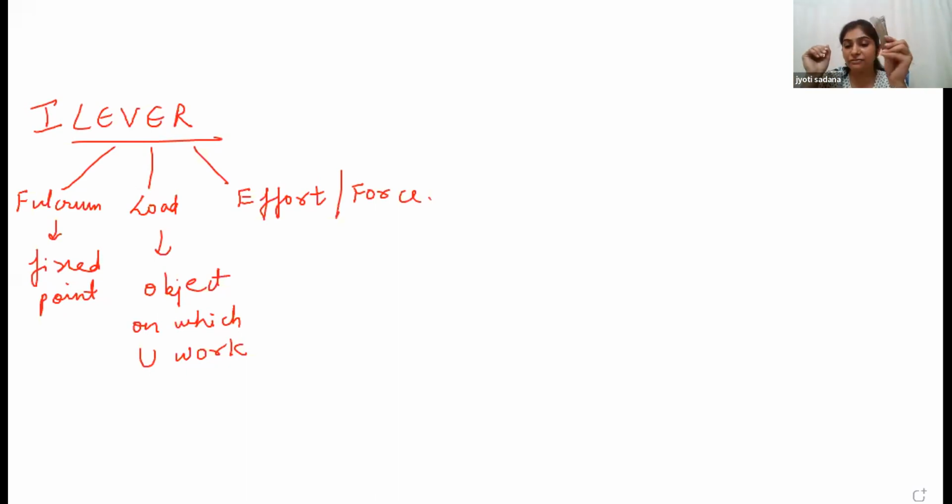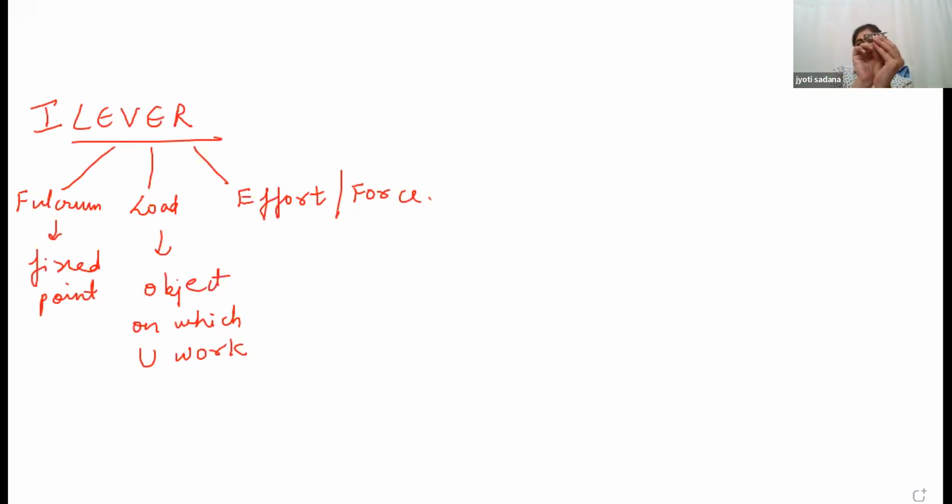Okay, I have this. What is this in my hand? Nail cutter. Okay, stapler. This is not a nail cutter. Stapler. It's not nail cutter. See it carefully. It's a stapler. Okay, see.